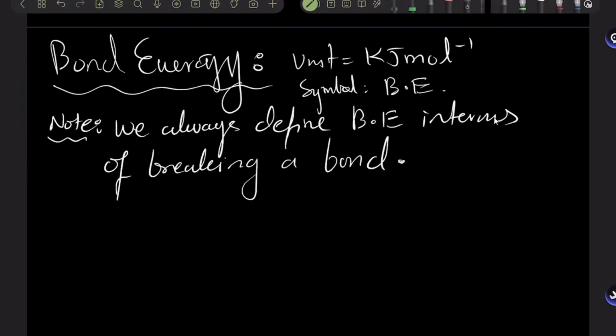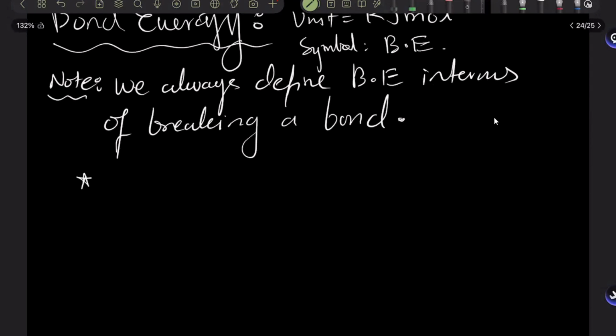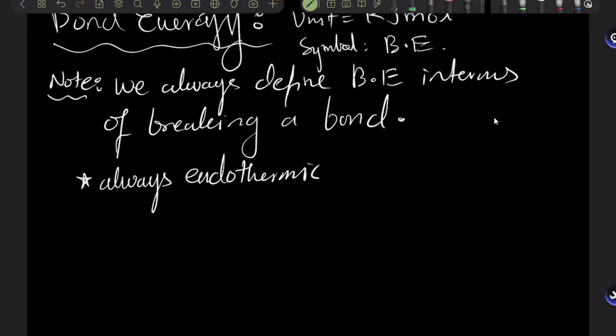So if we define bond energy in terms of breaking a bond, and breaking a bond requires energy, bond energy for us should always be exothermic or endothermic? Endothermic, right? Always an endothermic process.